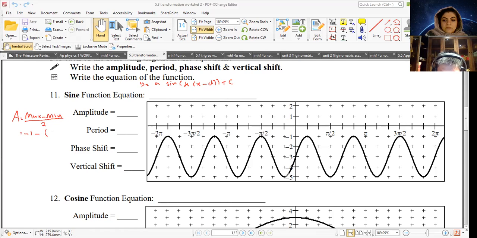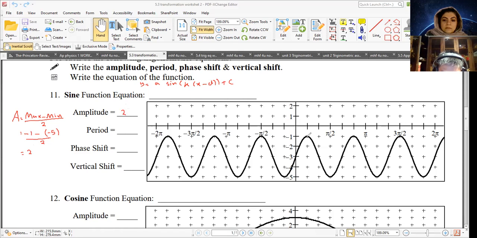Minimum is -5. Divided by 2. So it's -1 plus 5 is +4, +4 divided by 2 is 2. So amplitude is 2.